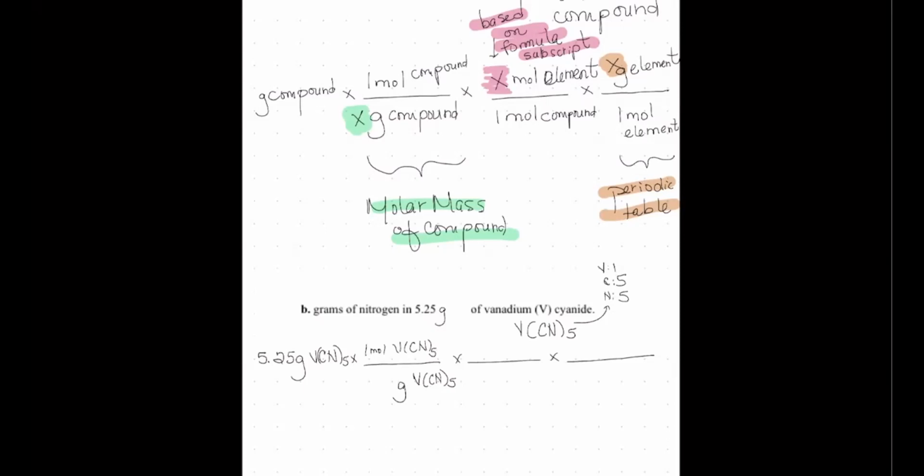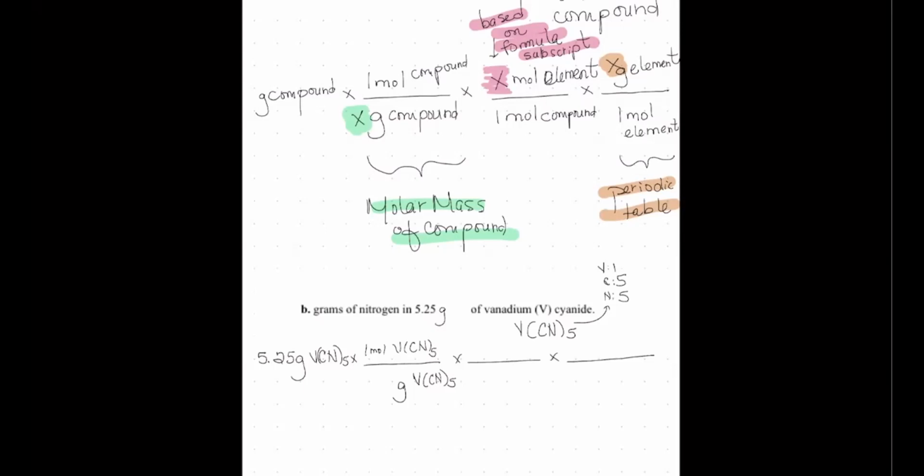Great. So I'm going to do vanadium first. Vanadium, that's in group 5B. We have 50.9415, and I'm going to add to that the result of taking carbon, which is 12.0107 times 5. Oh, you didn't do it times 5. 12.01.